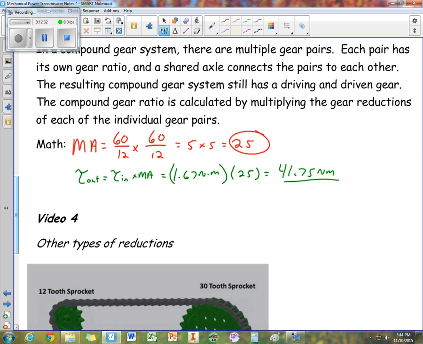And then we would have our output speed equals the input speed divided by mechanical advantage. So for the 393, that's 100 RPMs divided by 25, which equals 4 RPMs. You'd only get 4 rotations every minute. That concludes video 3, and we will be finishing up the notes in video 4.